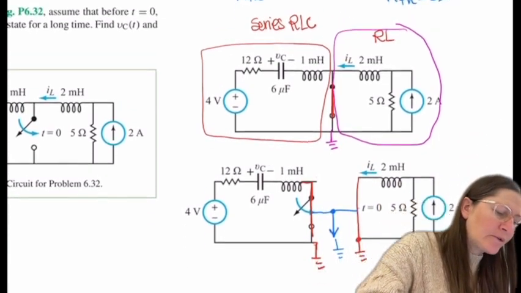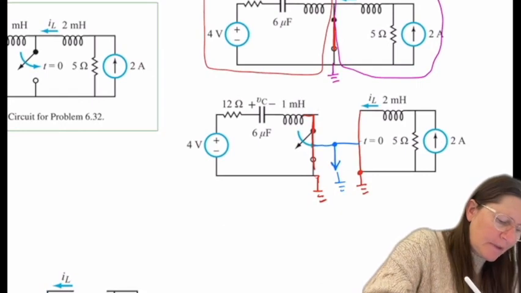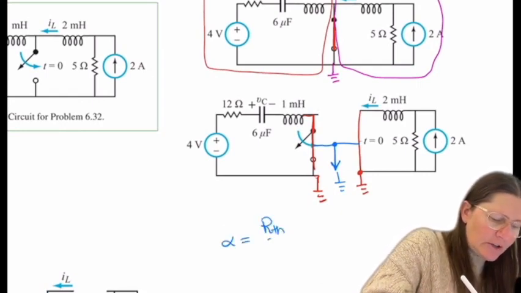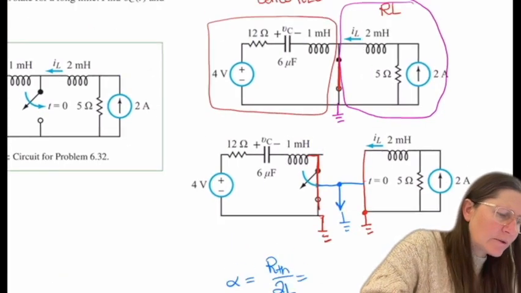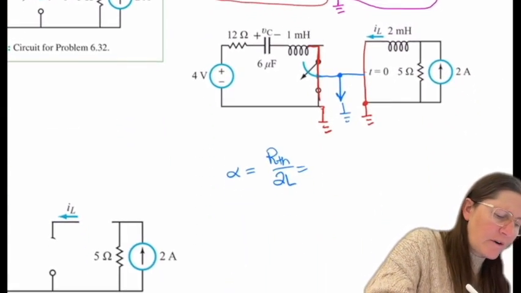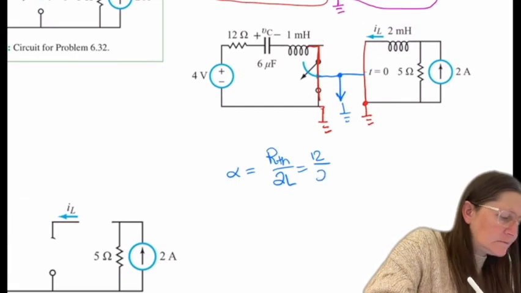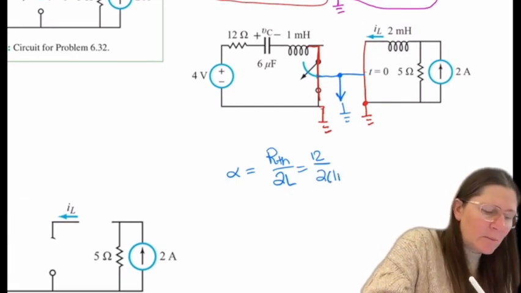And so for series RLC, I have alpha equals RTH over 2L, and that was 12 over 2L, and L in this case is 1 milli.